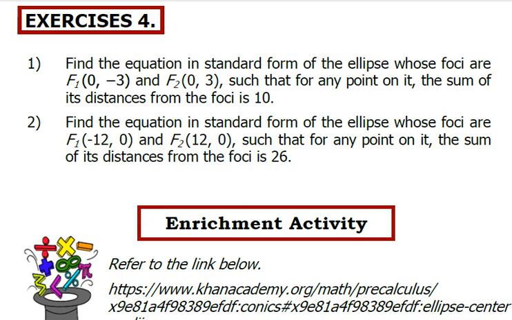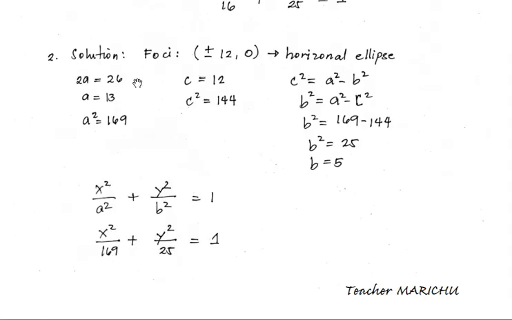It's given also that the sum of the distances from any point of the ellipse to its two foci is 26. So we equate 2a equals 26. a is 13, a squared is 169. We found already a squared and c squared. b squared is a squared minus c squared, giving us 25. Actually, we don't need b in this equation.